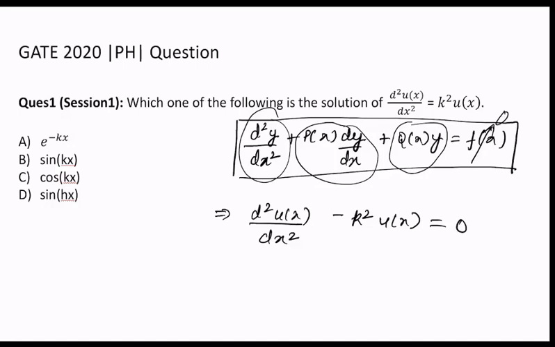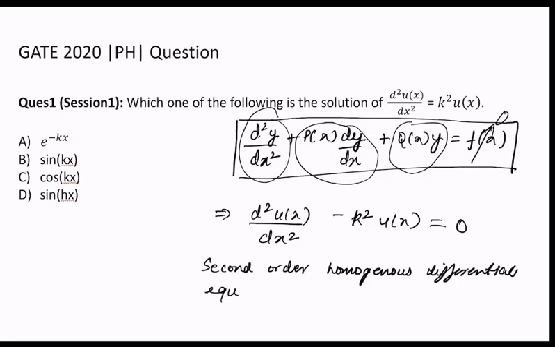So all these kinds of equations are called second order homogeneous differential equations with constant coefficients.